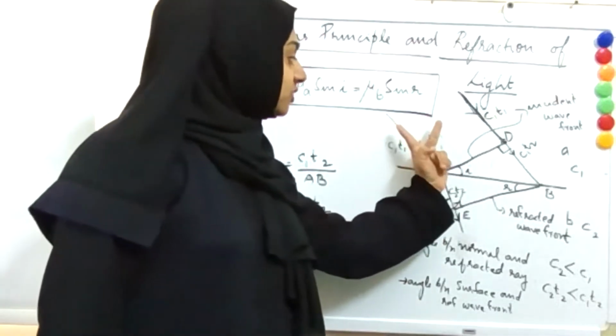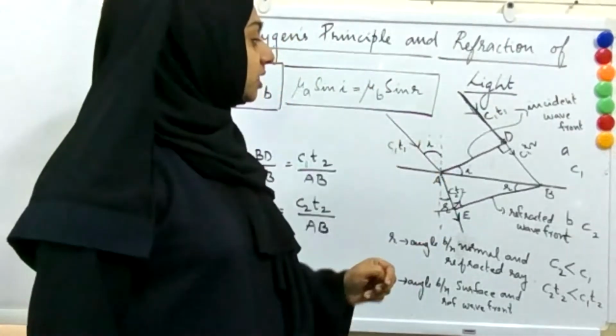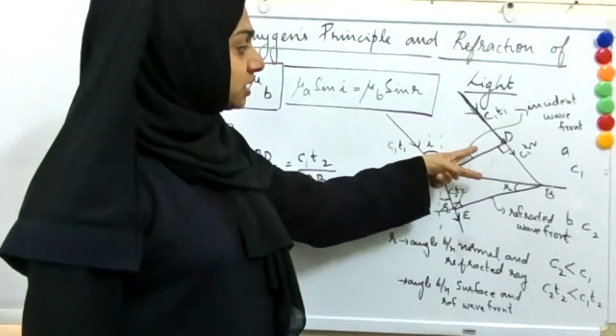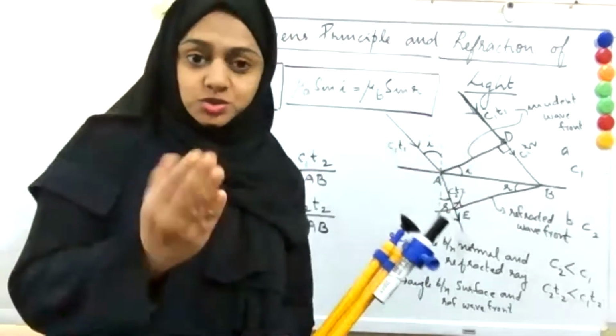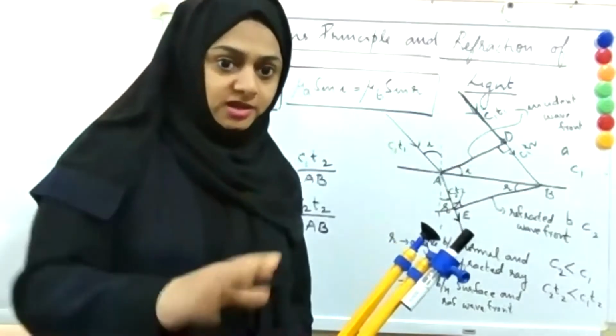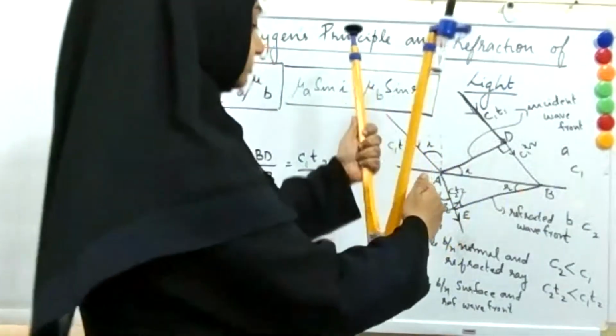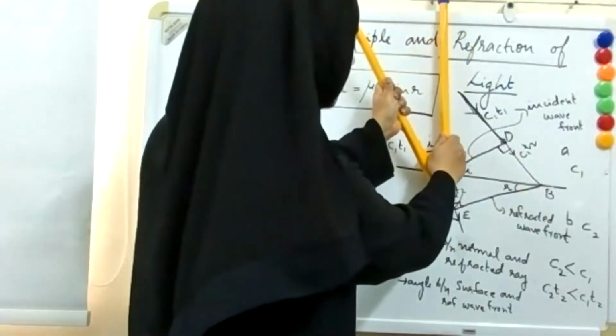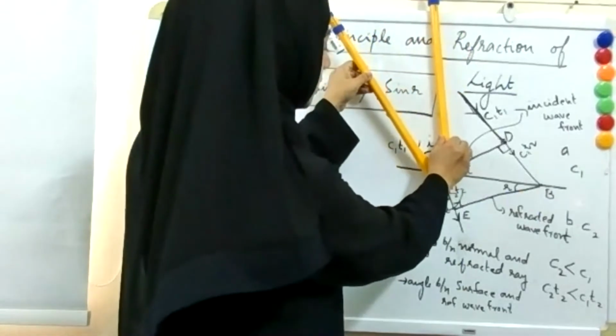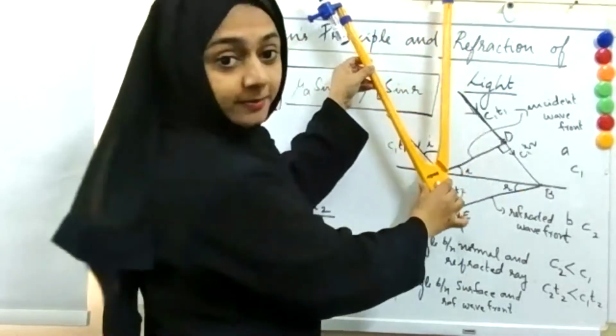So the angle between normal and incident ray will be equal to the angle between surface and incident wavefront. Just to show that concept, to make it clear if you haven't used that previously, let me take this. And let me take, this is along the normal and this is along the incident ray. Okay. So this angle is I.